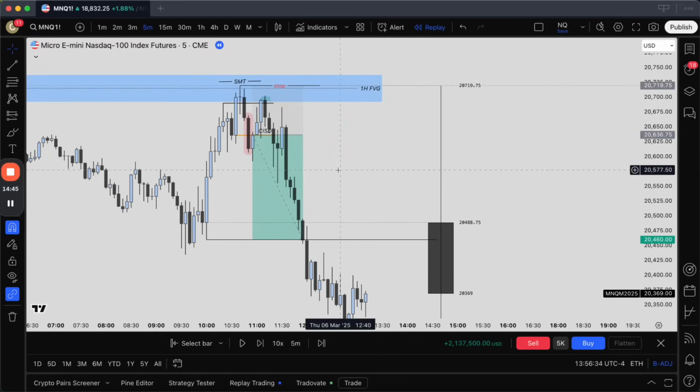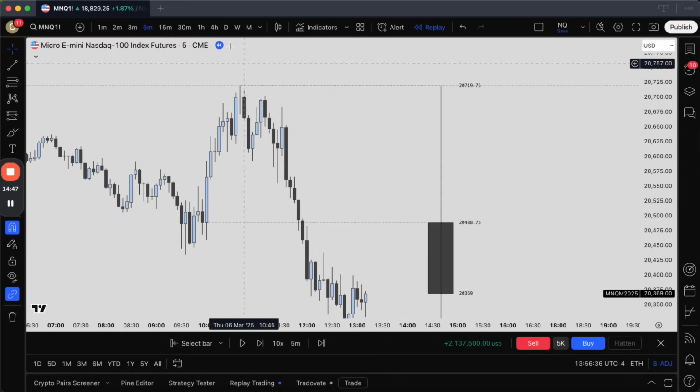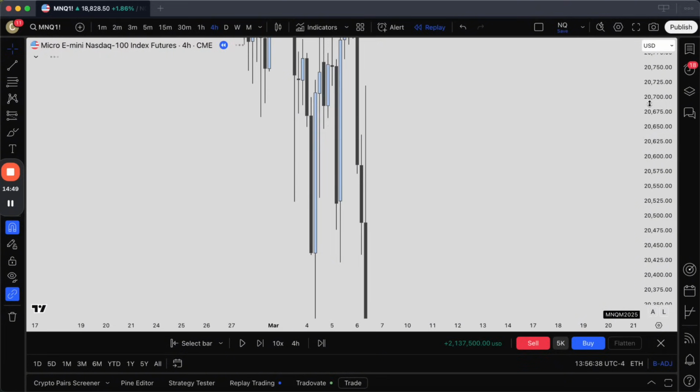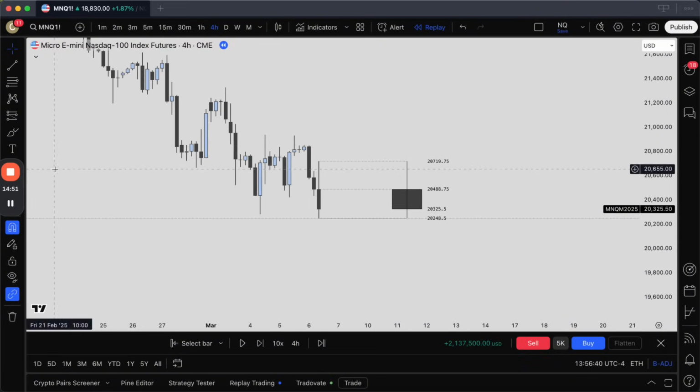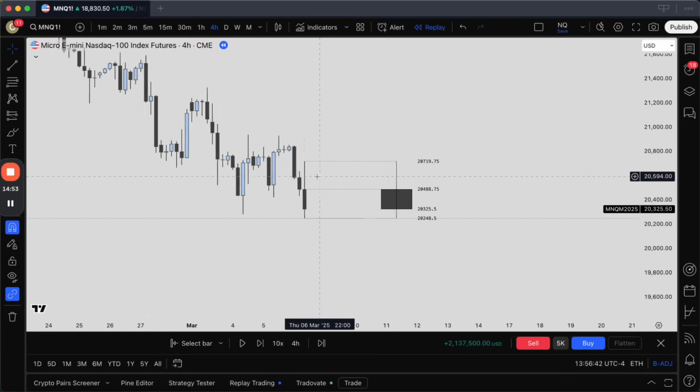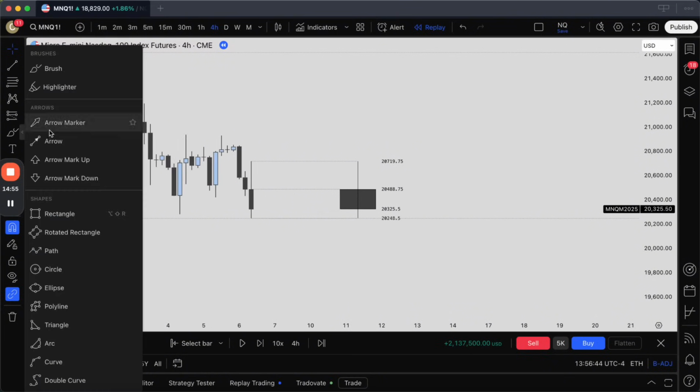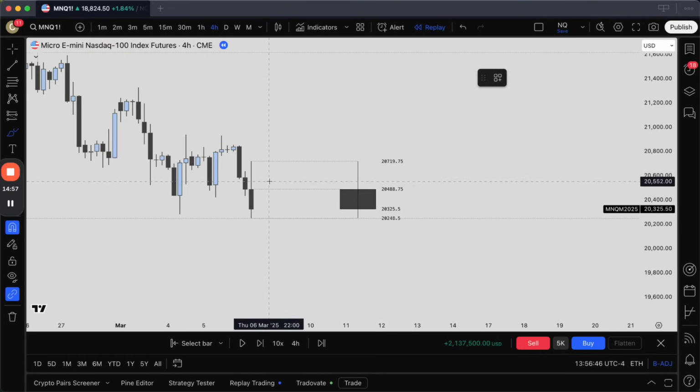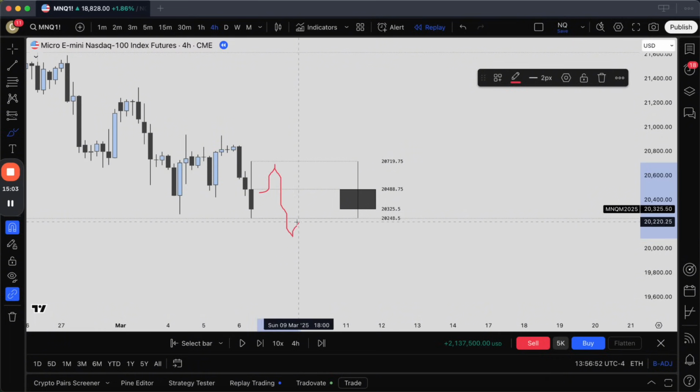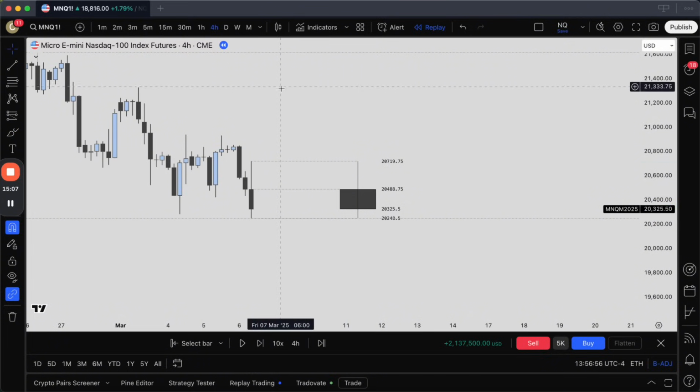Okay, and you can see how on the 4-hour time frame, on the larger scale, you see this 4-hour candle. You see how it opened up, manipulated into this hourly fair value gap, and then distributed lower and then closed. Okay, so that is the 4-hour PO3 on the bearish side.